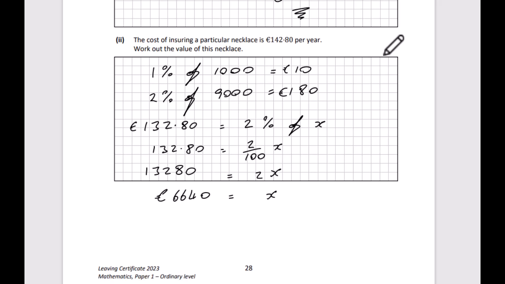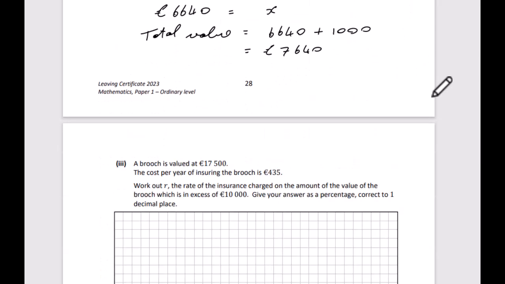So that's the amount that the piece of jewelry, the necklace in this case, was valued over €1,000. So the total value then is going to be 6640 plus 1,000. That's 7640 euros. And that's it for part 2.